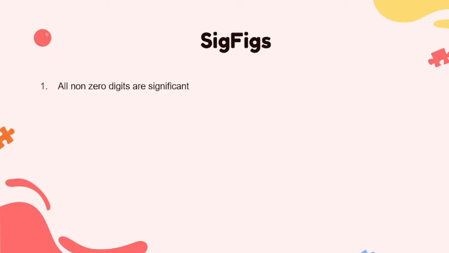The first rule about Sigfigs is all non-zero digits are significant. So that means, for example, I have a number such as 235. So we can say we have three significant figures.